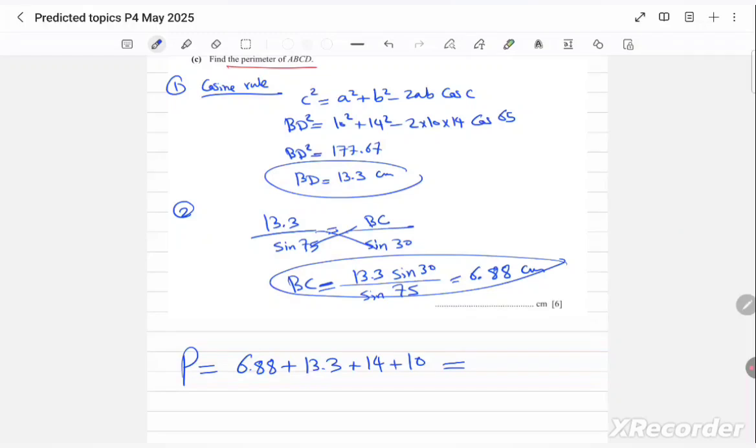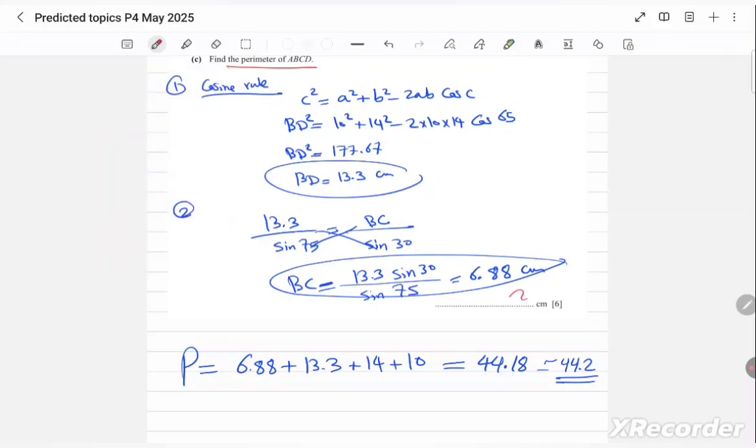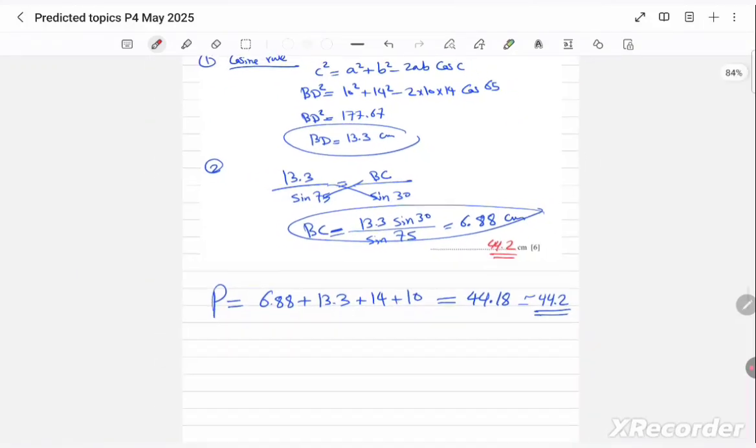So 6.88 plus 13.3 plus the 24. So the answer is 44.18, or you may say it's 44.2. This is that. And usually try to write the final answer in the space provided for it.